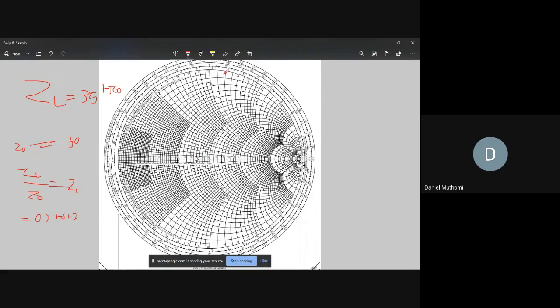You look at where these two lines meet. After that, you draw your constant VSWR circle.